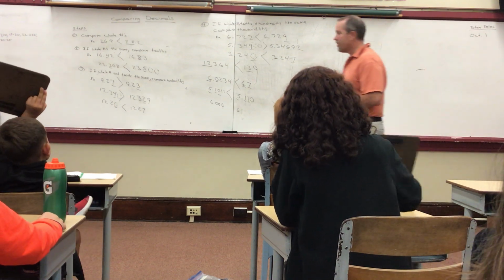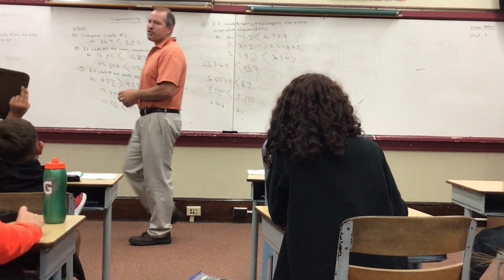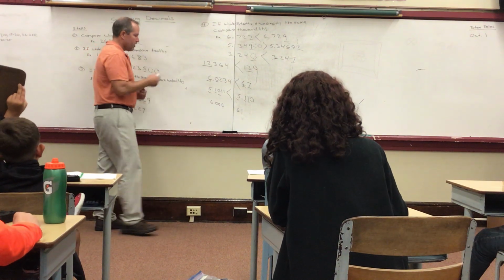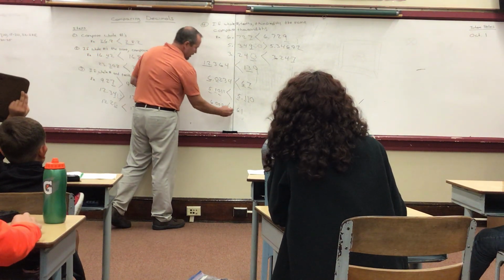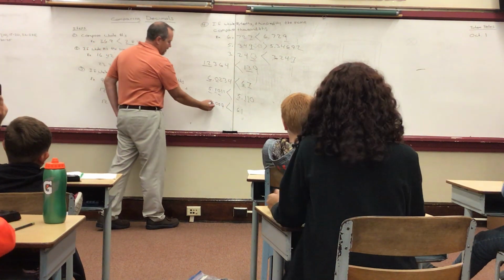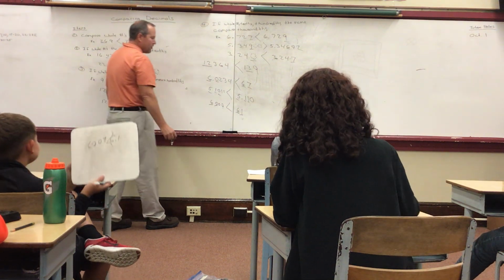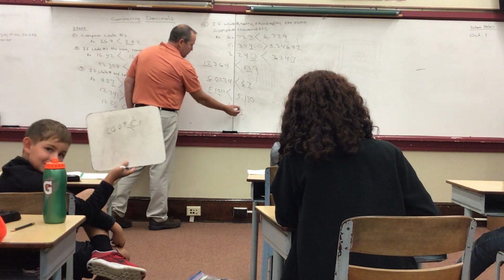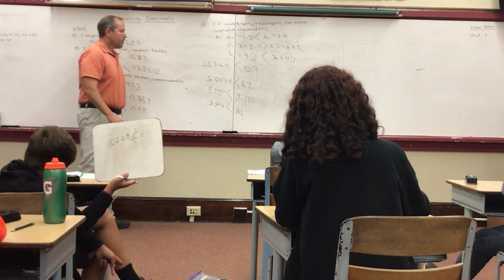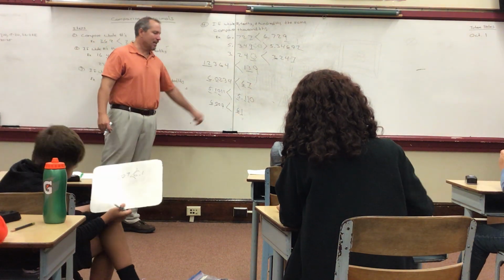Okay, something like that is usually one, if you're going to get tricked up, something like that's usually where you get tricked up. You first compare the whole numbers, they're the same. You compare the tenths, a 1 and a 0. The 1 is bigger than the 0. So 6 and 9 thousandths is less than 6 and 1 tenth.